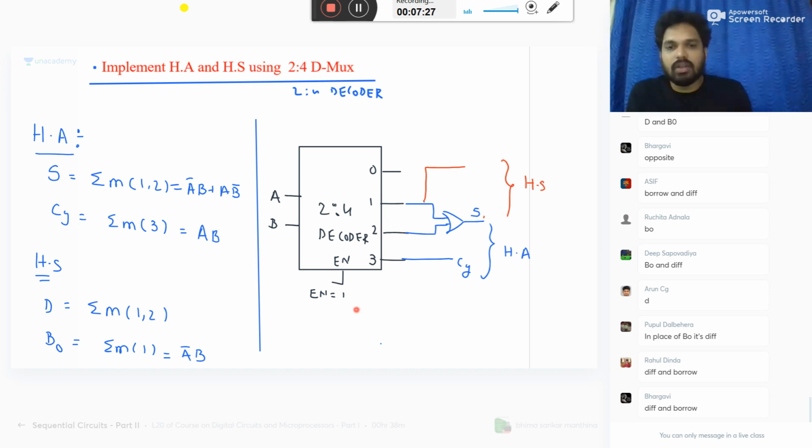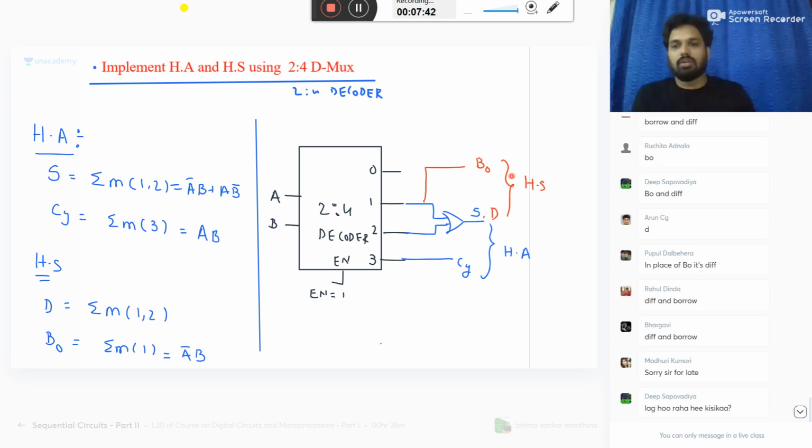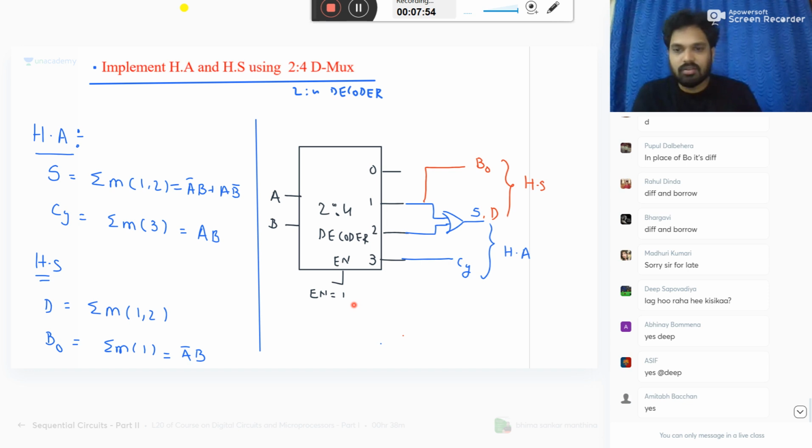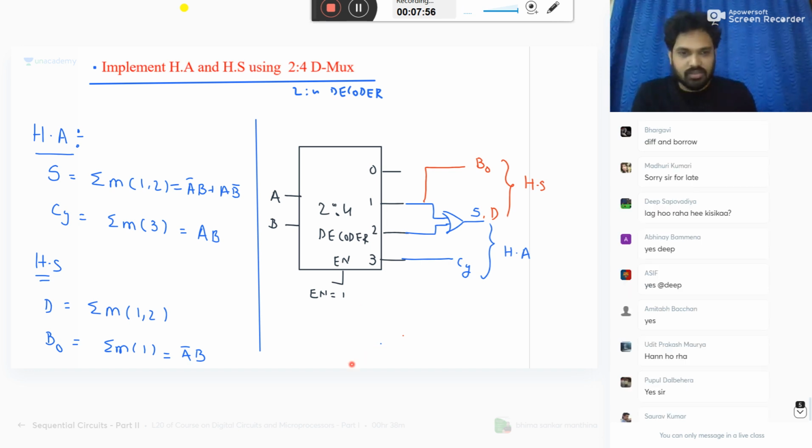So this is your difference and this is your borrow. No problem, Madhuri. I'm also late today. Is it lagging?